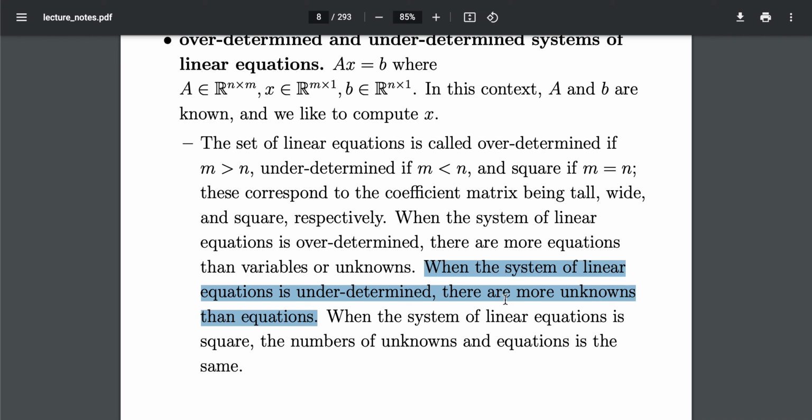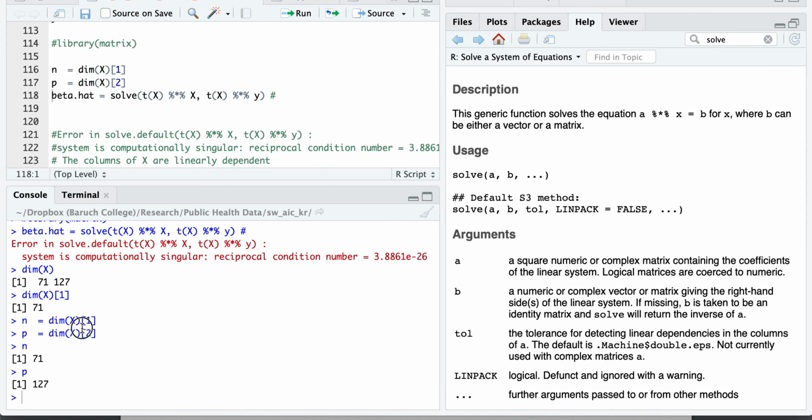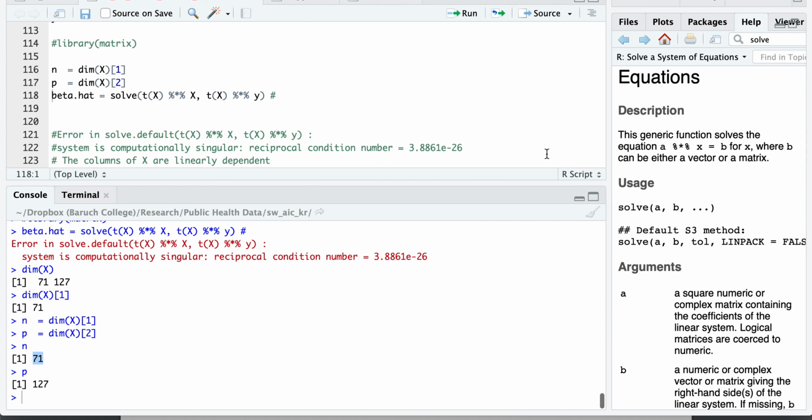There are more unknowns than equations. We have 127 coefficients that we want to estimate, and we have 71 observations. Okay, so that's a problem.